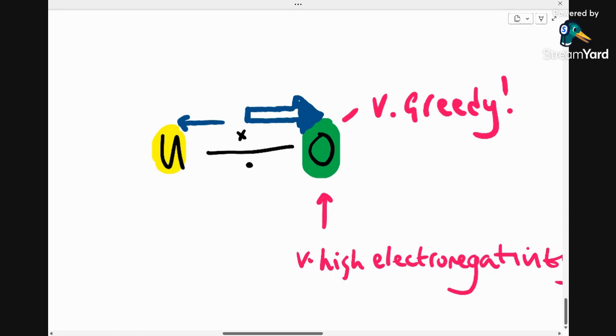Horrible arrow, but hopefully you get the point. Okay, oxygen has a lot more pulling power. It's very, very greedy for electrons.